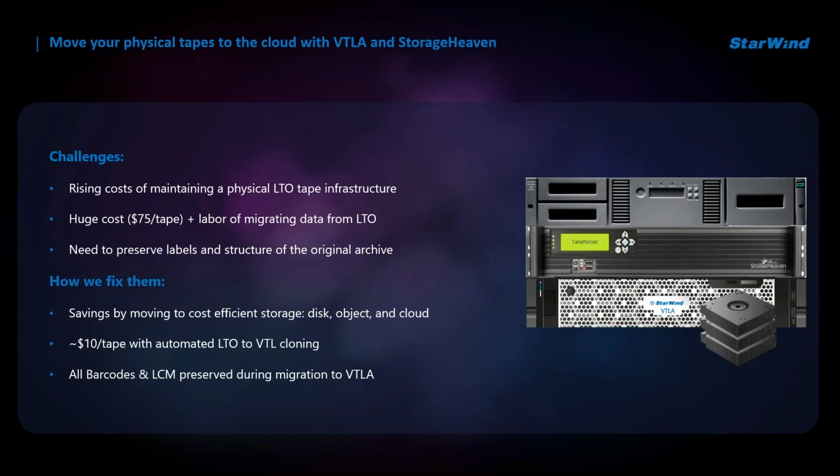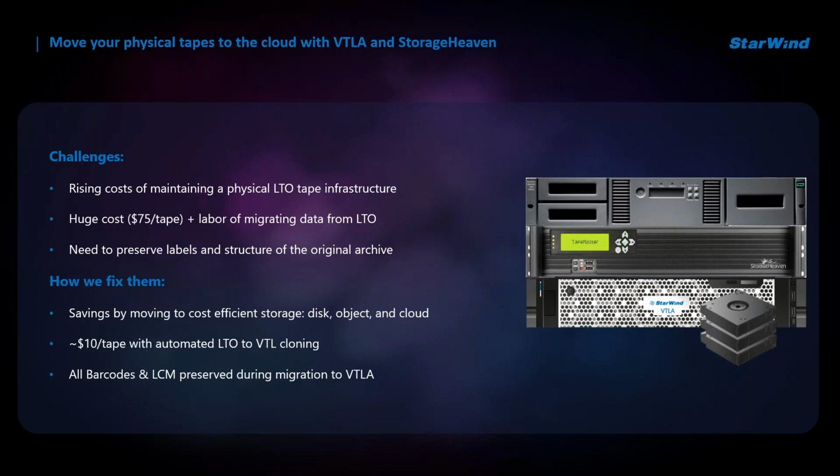Moreover, when migrating the data from tape, the original labels and archive structure must be preserved to keep the backup available. With the StarWind Virtual Tape Library appliance and Storage Heaven, it will minimize the human effort by delivering an LTO to VTL cloning process with a price tag of around $10 per tape, as a fully automated process.